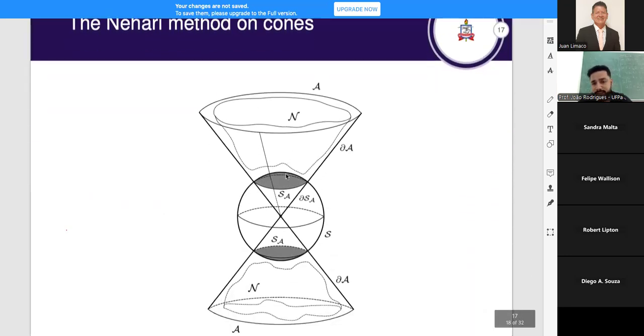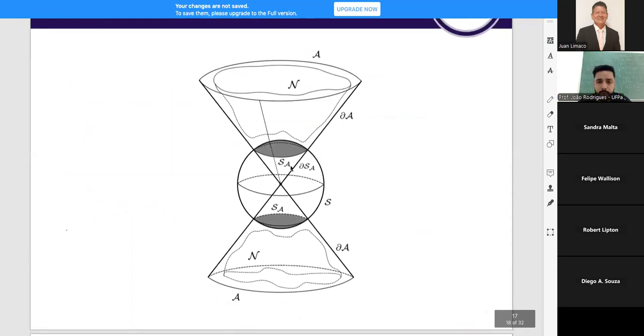This is the geometric idea of the problem. Here we have the unit sphere of the Banach space, and here we have the open cone A, and the intersection between the unit sphere and the open cone is the set S_A, our C1 manifold. And here we have the Nehari set.